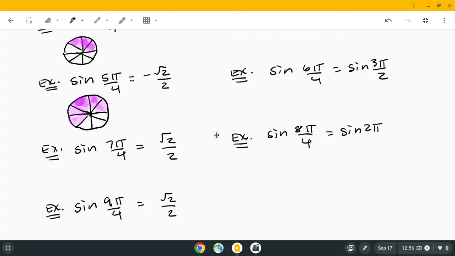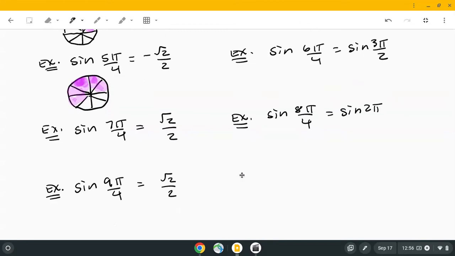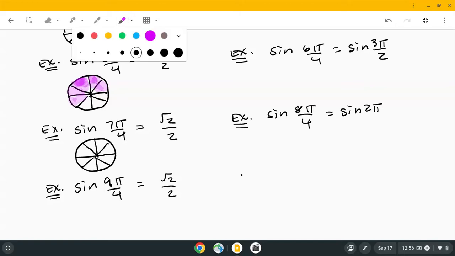Okay? And then we do the same thing here with 7 pi over 4. I'm drawing all of these, but you could just visualize it in your head, or maybe just draw one circle for all the problems. Okay, 7 pi over 4. If we count here, that's 1/4, 2/4, 3/4, 4/4, 5/4, 6/4, and here's 7/4.